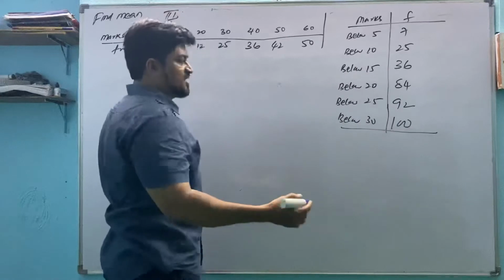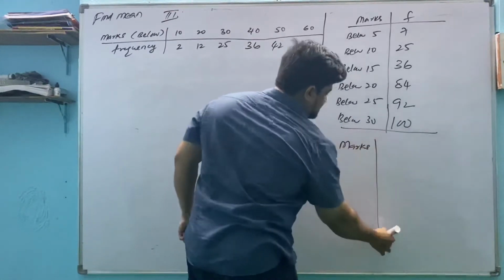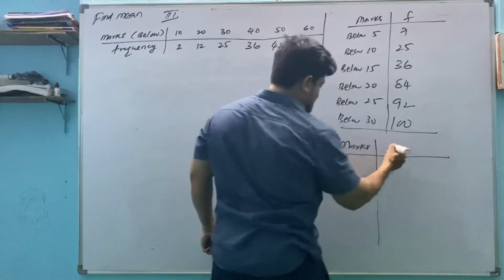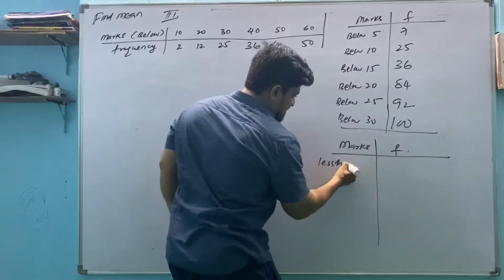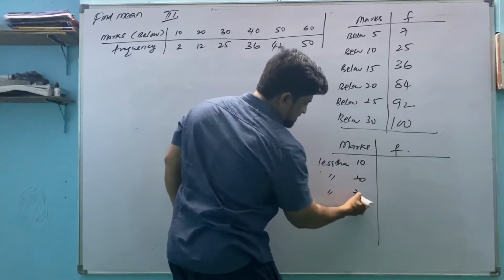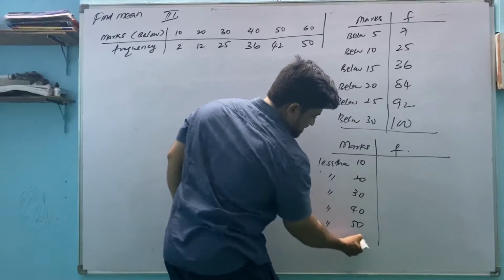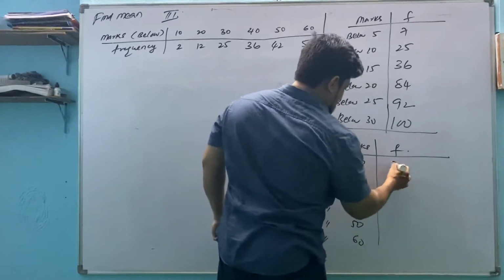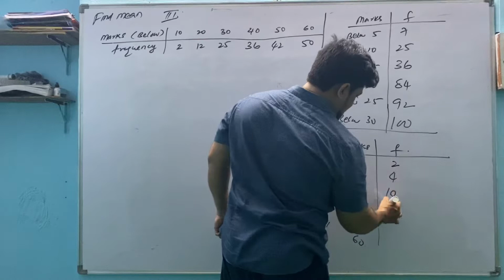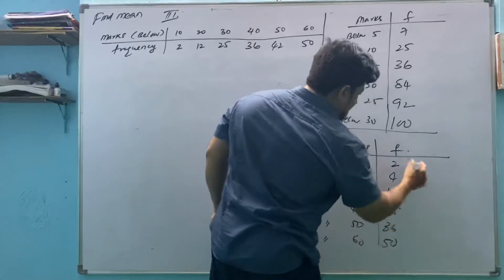Or else the question will be in this form. Marks: less than 10, less than 20, less than 30, less than 40, less than 50, less than 60. Frequency: 2, 4, 10, 25, 36, 50.